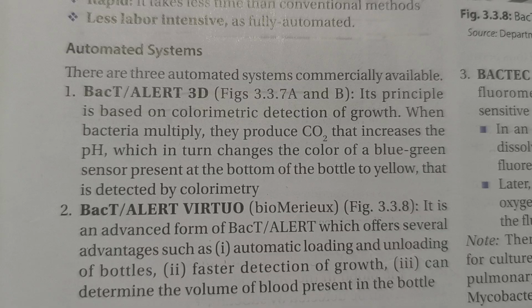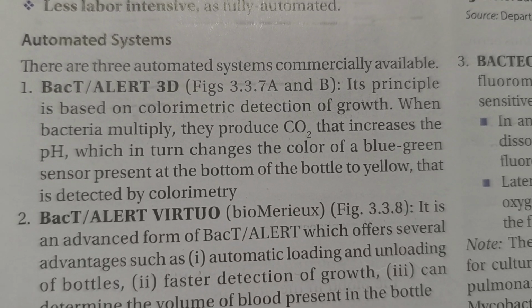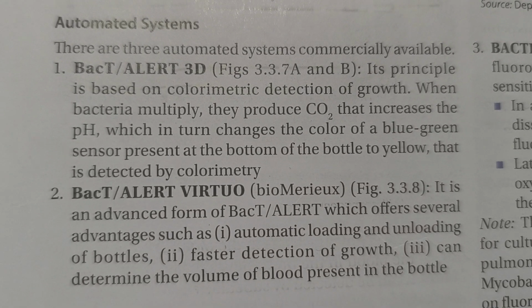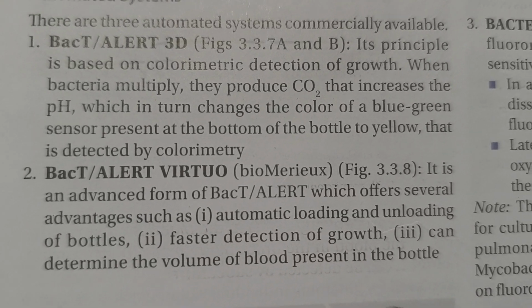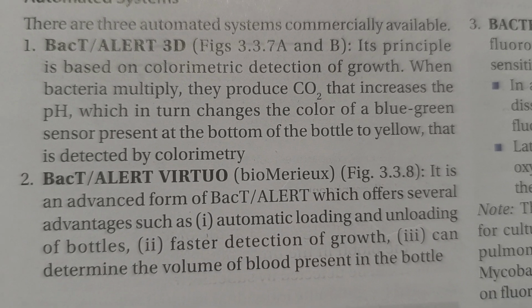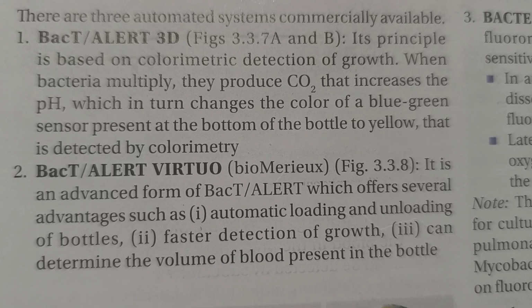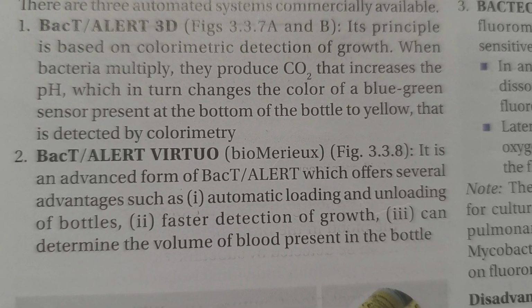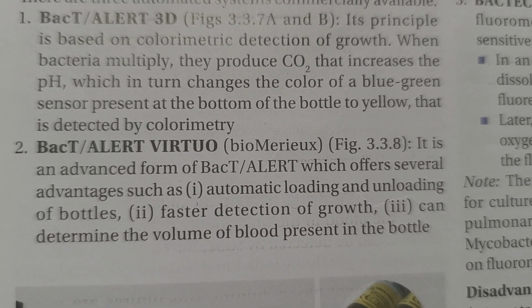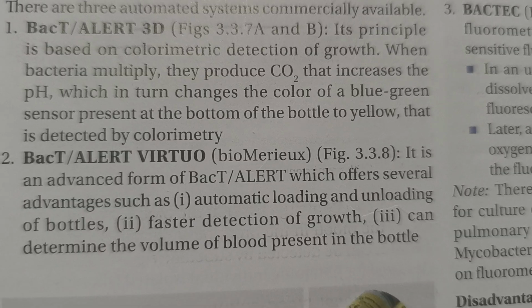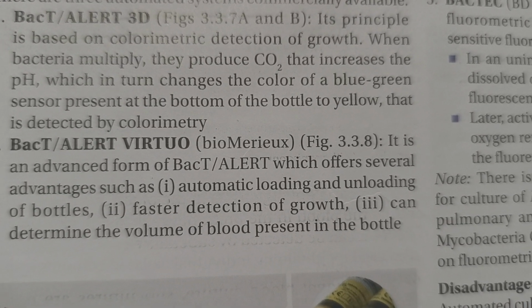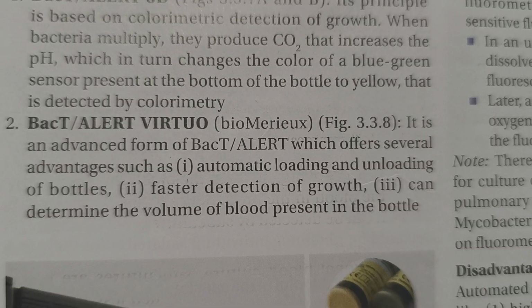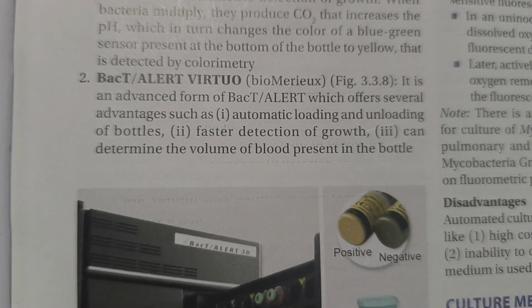Bactec or Alert 3D, its principle is based on colorimetric detection of growth. When bacteria multiply, they produce CO2 that increases the pH, which in turn changes the color of blue-green sensor present in the bottom of the bottle to yellow, that is detected by colorimetry.